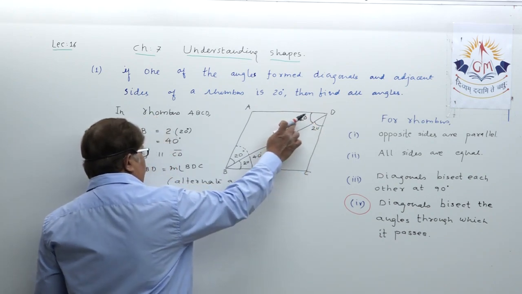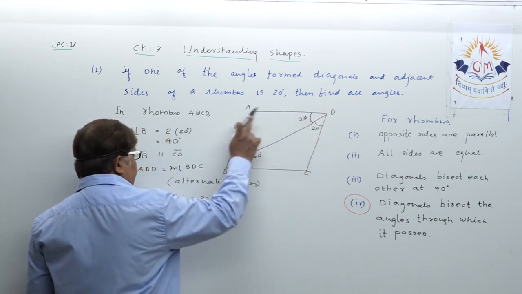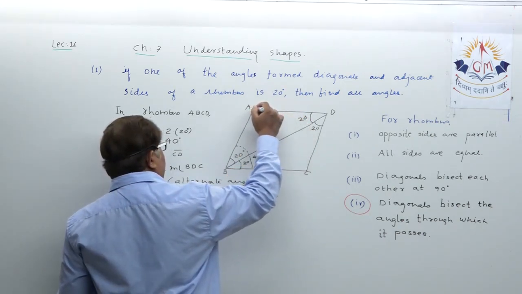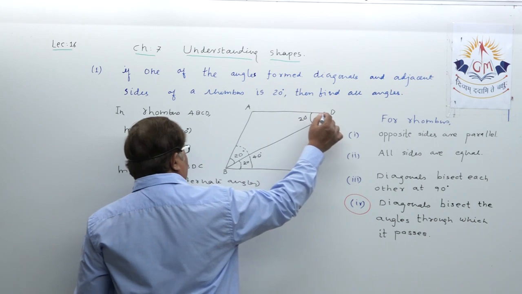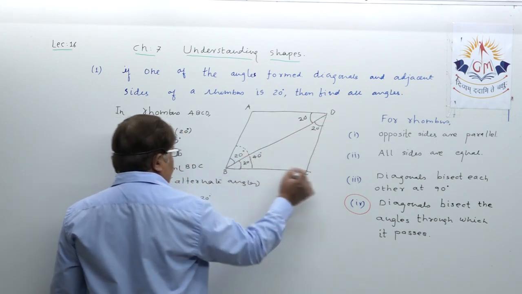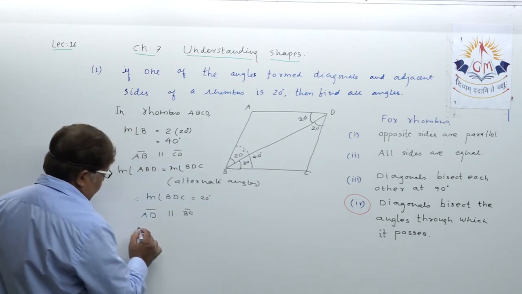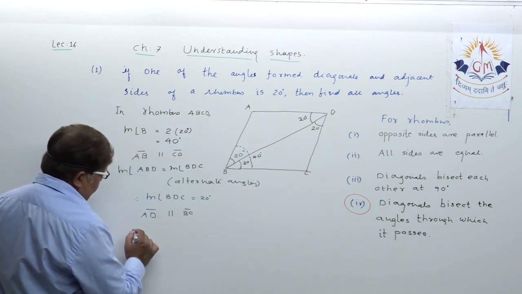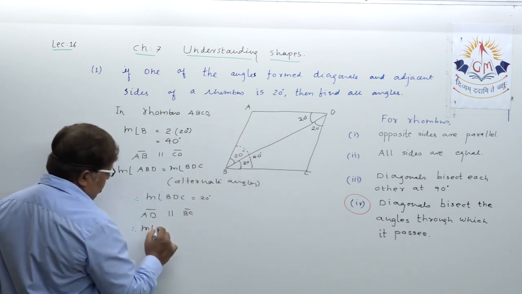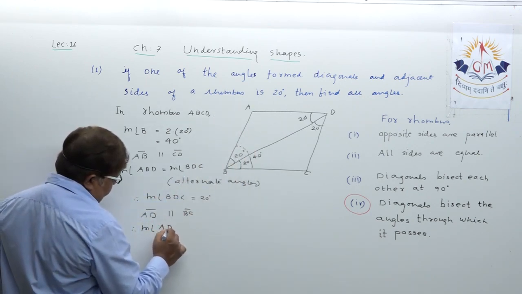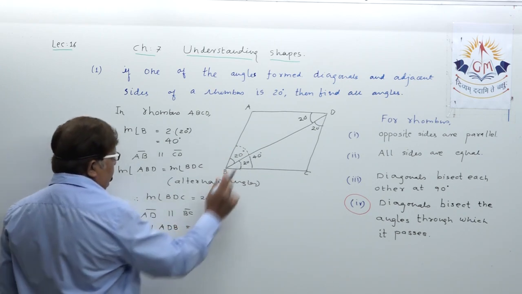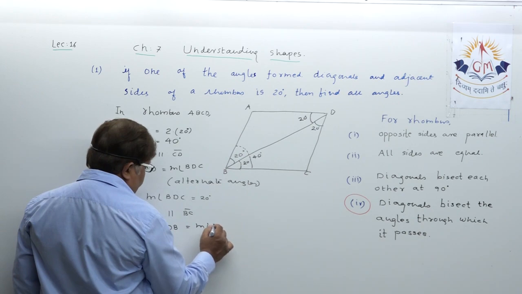To just pick the name of this angle in Z formation, can you speak this angle: ADB, angle DBC, alternate angles, you can mention this way. Therefore, measure angle ADB equal to measure angle DBC.